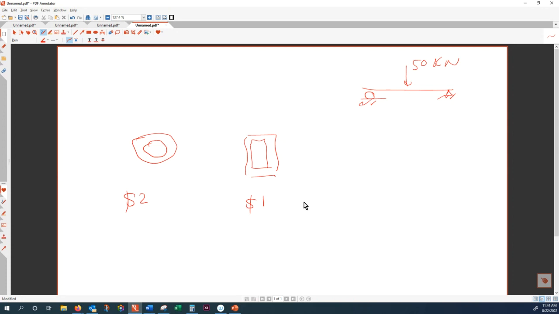It has nothing to do with the dollar. So load is the same, distance between the supports is the same. So if you want to make a choice between them, yes, the rectangle is stronger, and you go for this one. Why? Because just by looking at this, the moment of inertia for the rectangle is larger than the moment of inertia for the circle, right?